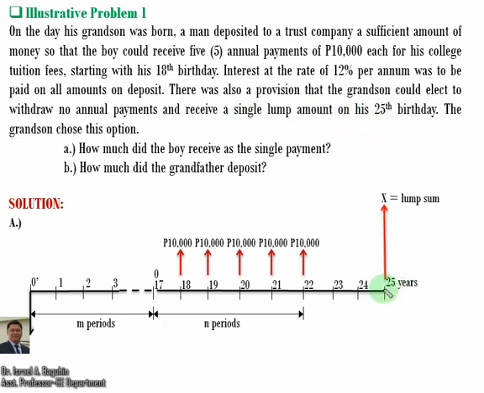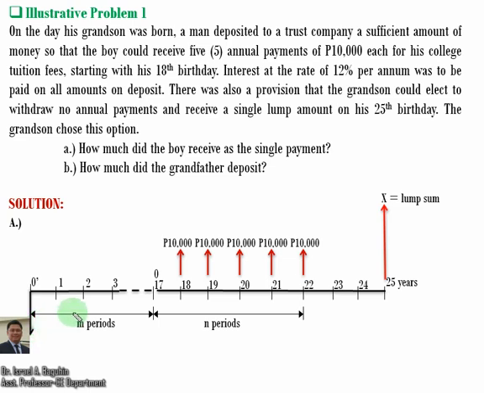So that is why we go until 25 years here, because the problem asks how much the boy received as a single payment, referring to this lump sum during the 25th year. We do not know how much, and we also do not know how much the grandfather deposited in the bank.